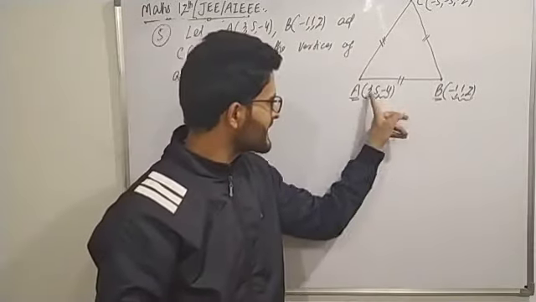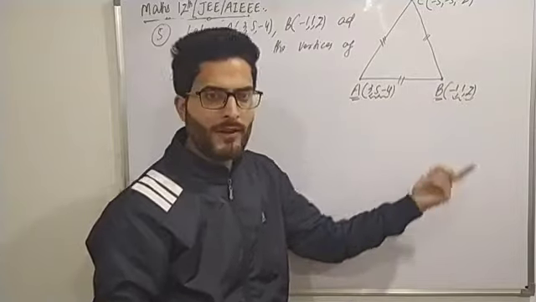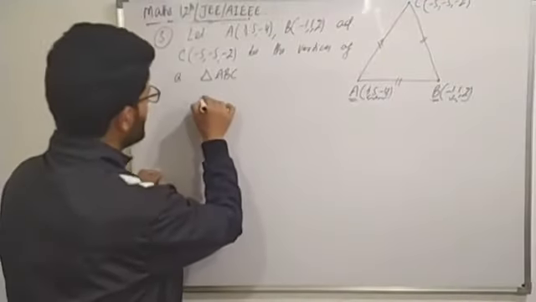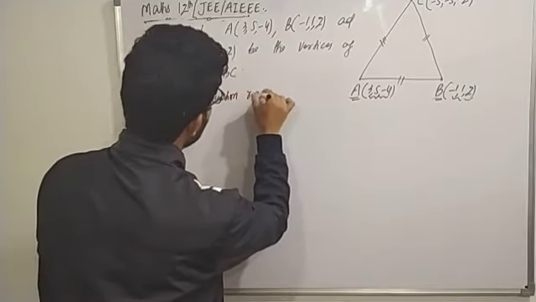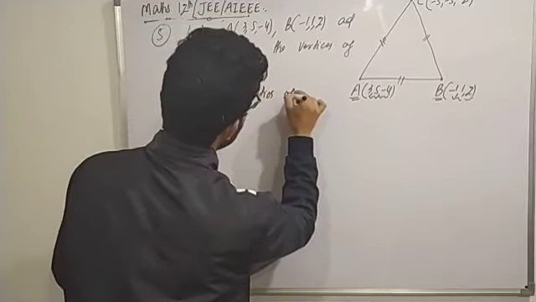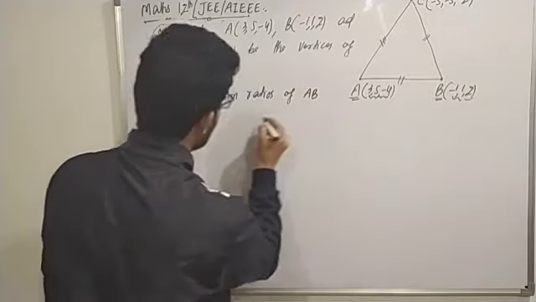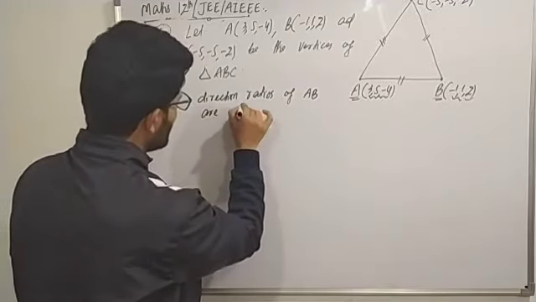कैसे? x2 - x1, y2 - y1, z2 - z1. So therefore हम कैलकुलेट करेंगे डायरेक्शन रेशियोज ऑफ AB. तो क्या होंगे डायरेक्शन रेशियोज ऑफ AB?